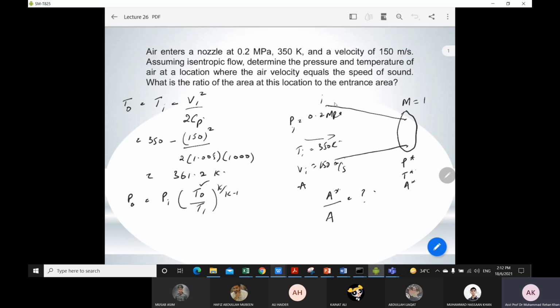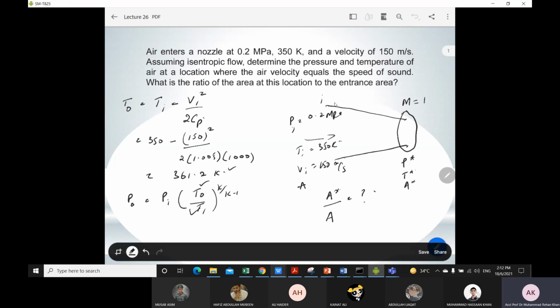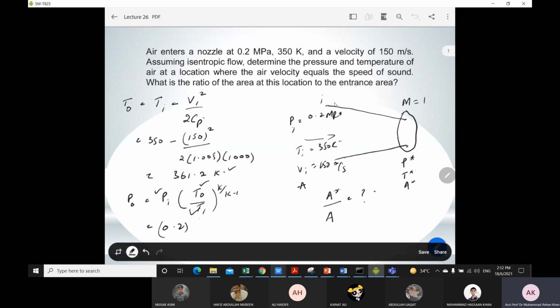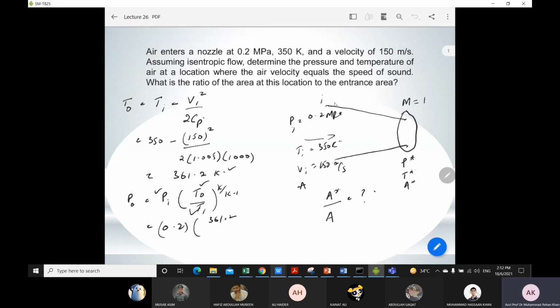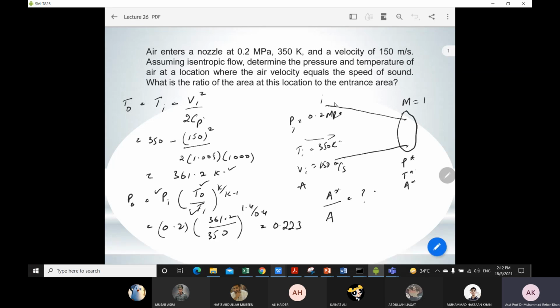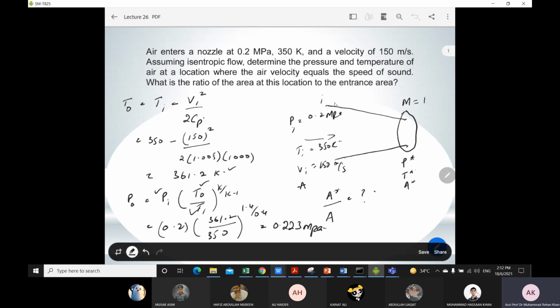We have T naught from the previous part, Ti is known, Pi is known, and the specific heat ratio for air is known. Plugging in all the values, 361.2 over 350 to the power 1.4 divided by 0.4, you will get the stagnation pressure P naught as 0.223 megapascal. Now we have P naught and T naught, so we can easily find P star and T star from the relations we already know. Note it down, and then we move towards the next part.